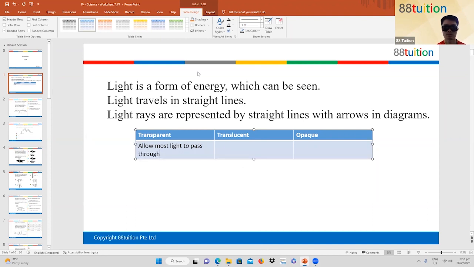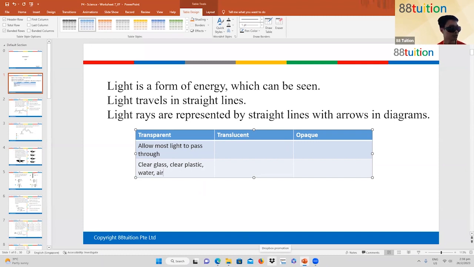All right. Examples of transparent objects would be clear glass, clear plastic, water, air. They allow most light to pass through.